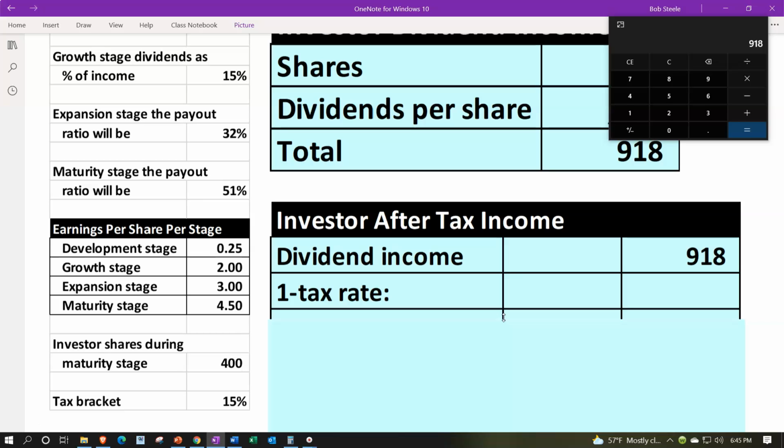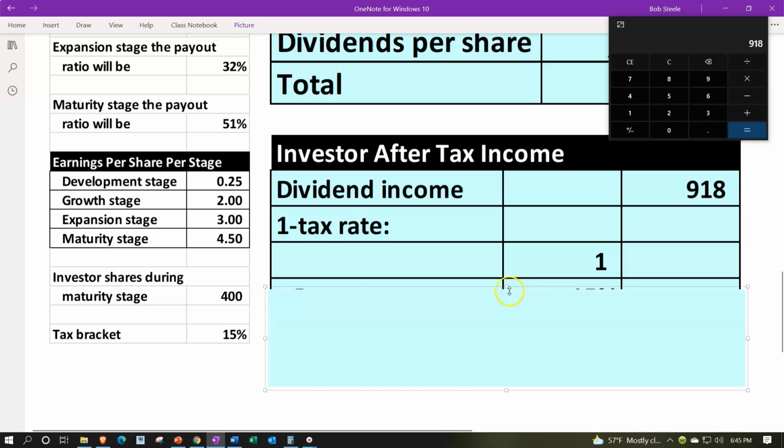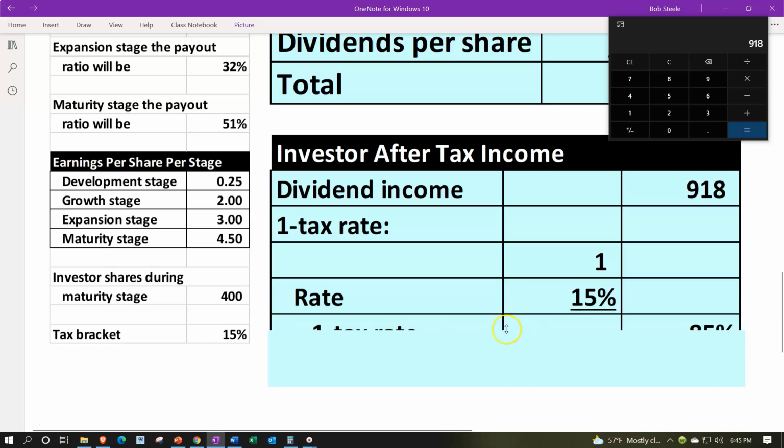So we've got the dividend income at the 918, and then we're going to take 1 minus the tax rate, which we're saying is the 15%, which once again might not be the ordinary income tax rate for the investor, and that's going to give us the 85%. So in other words, they're going to give 15% to the government. If they give 15% of the 100% of the income to the government, they get to keep the 100% minus 15%, or 85% of the income.